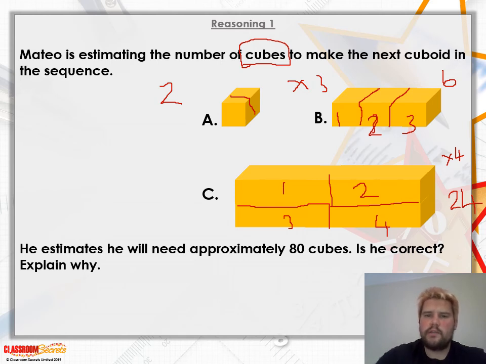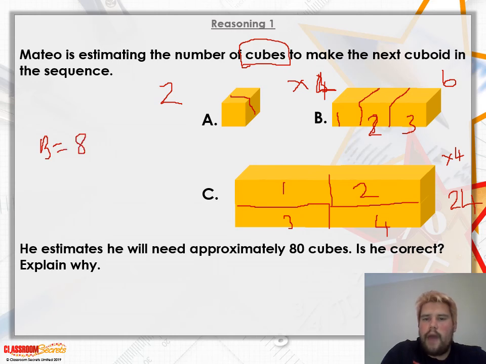I need to be looking at, do I think B is 3 or 4 times bigger than C? I think B is 4 times bigger. So in this instance, I need to go back to A, because we need to keep to the same scale and sizing. And I think there's 2 cubes in A, so we're going to have to times A by 4 as well. So now, all of a sudden, we've got B equaling 8 cubes.